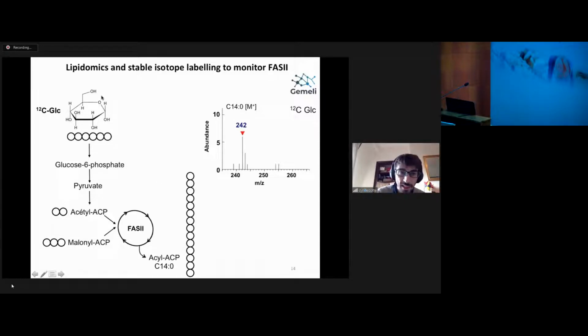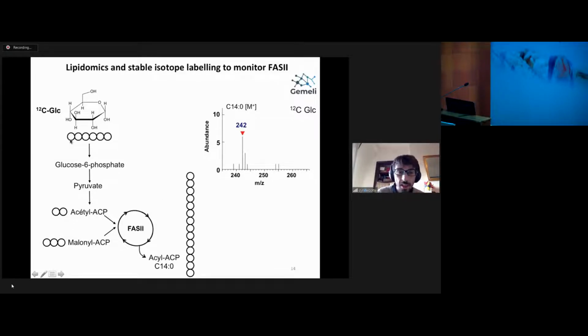Very briefly, as I said, the parasite is capable of using glucose to form acetyl-CoA, which is the substrate for the FAS2 pathway. And this acetyl-CoA is fused to malonyl-CoA, 2 carbons plus 3 carbons, to form a small chain of fatty acid, which is the addition of carbons. And throughout each cycle, you have the addition of 2 more carbons.